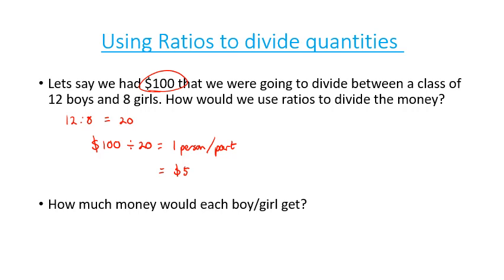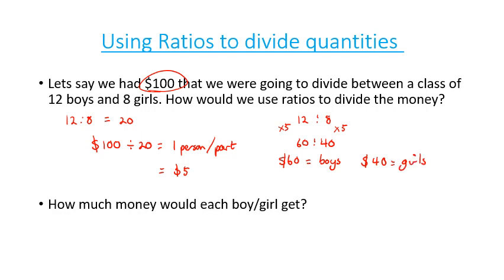Now, if we have a ratio of 12 boys to 8 girls, and each one of these is worth 5, so we times by 5 and times by 5, that means that we must have a ratio of 60 to 40, which means that $60 would go to the boys and $40 would go to the girls.